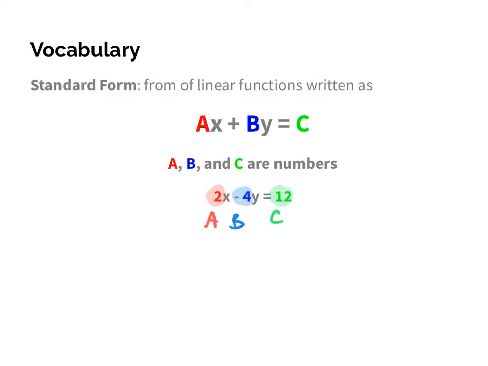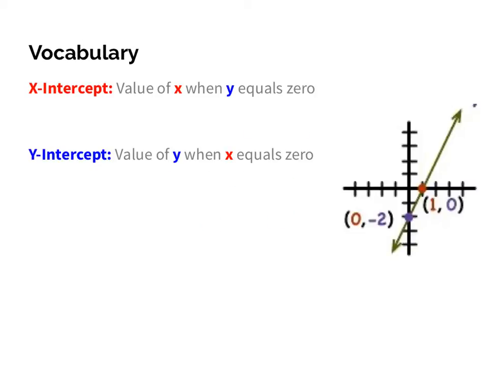So what we're going to talk about today is how do we graph linear functions written in standard form. In order to graph things written in standard form, an easy way to do this is to find what's called an intercept. An intercept is a point on a graph where the line crosses the two respective axes. On any graph, remember that you always have the x-axis, which goes left to right, and the y-axis that goes up and down.